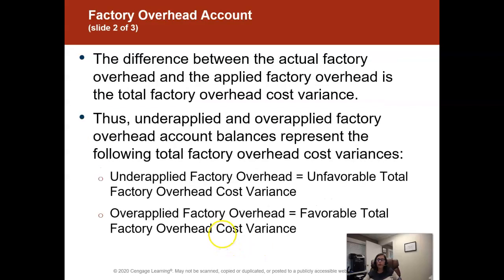And so the difference between these two in terms of the overhead cost variance gets us a total, either favorable or unfavorable between the two.